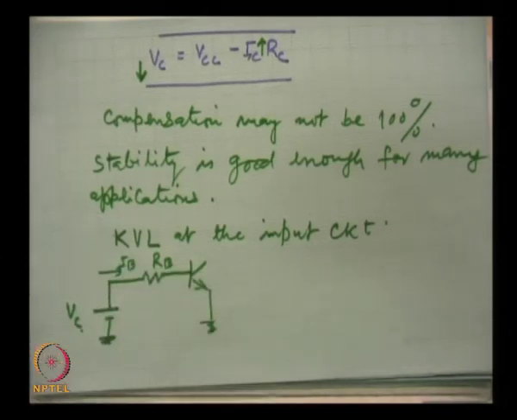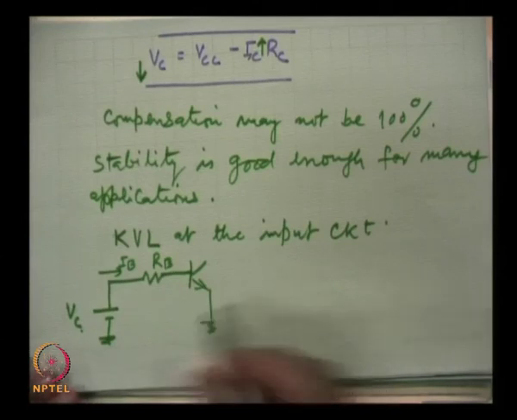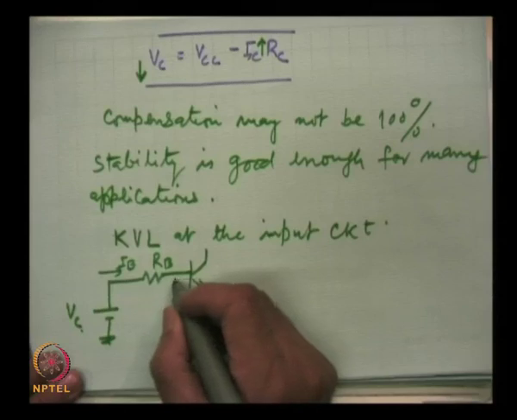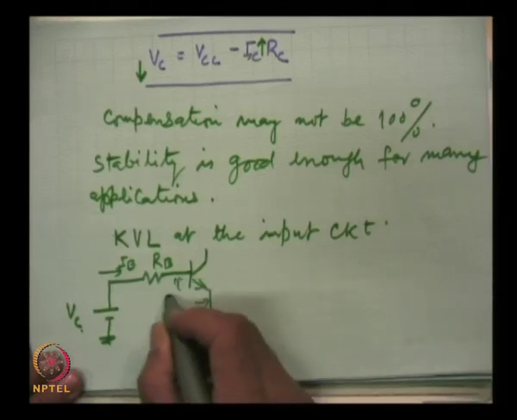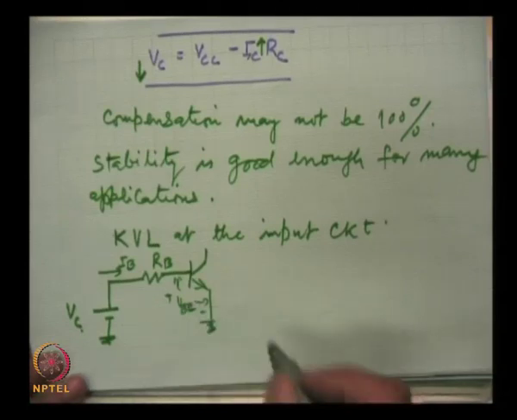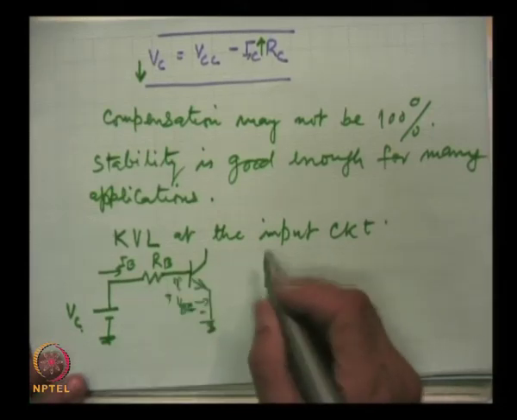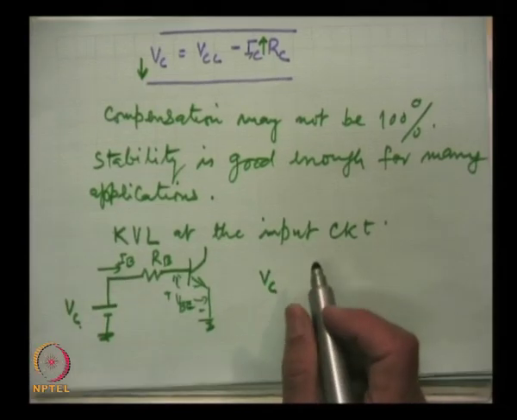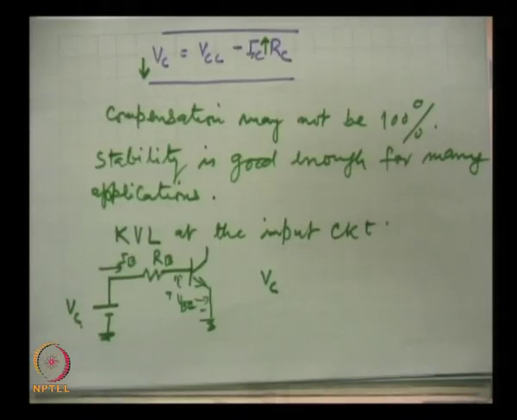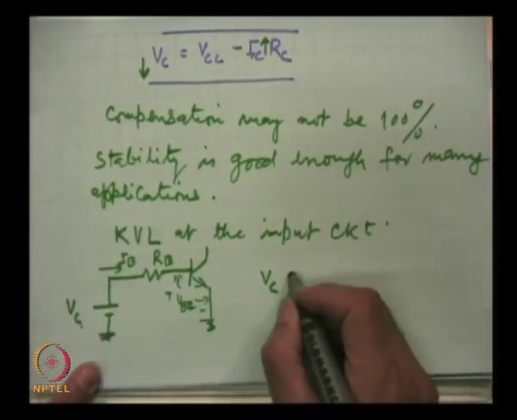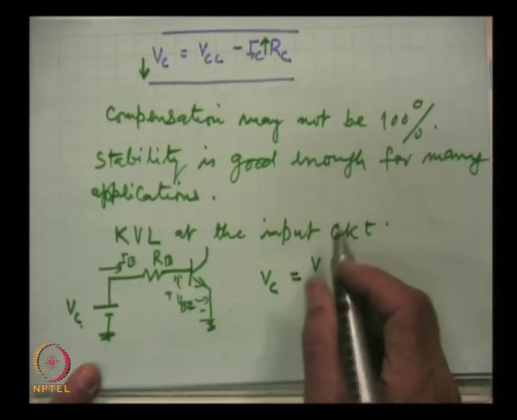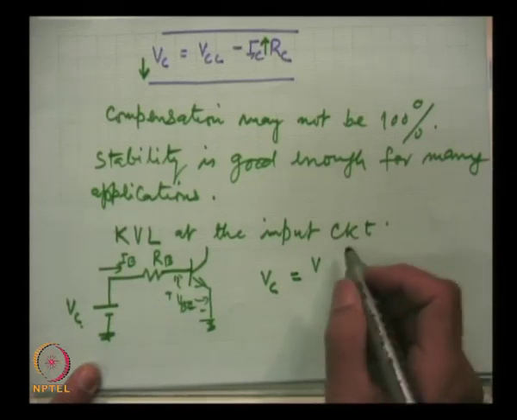I B, and when we apply Kirchhoff's summation of voltages, this voltage is plus minus VBE. So then we will get Vc equal to IB into RB.